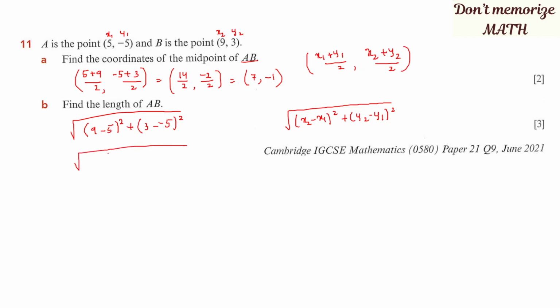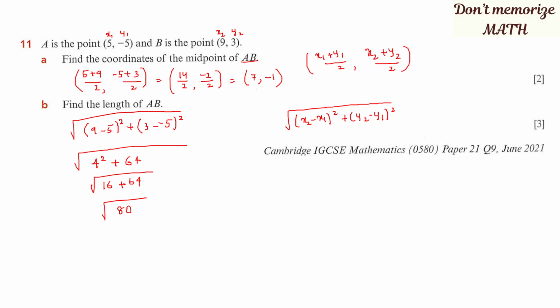So the square root of 9 minus 5 is 4, so 4 squared, plus 3 minus minus 5, minus minus will become plus, so 3 plus 5 is 8. 8 squared is 64. 4 squared is 16. 16 plus 64, you will get 80, right?